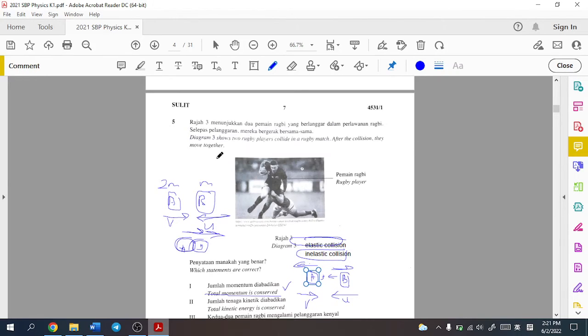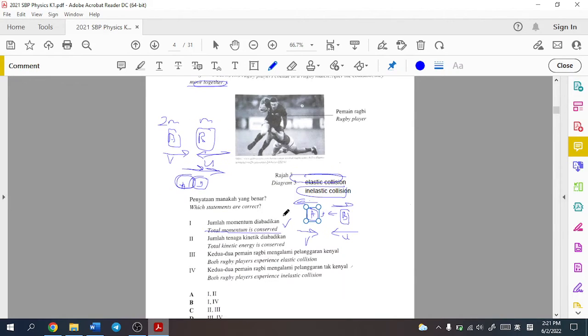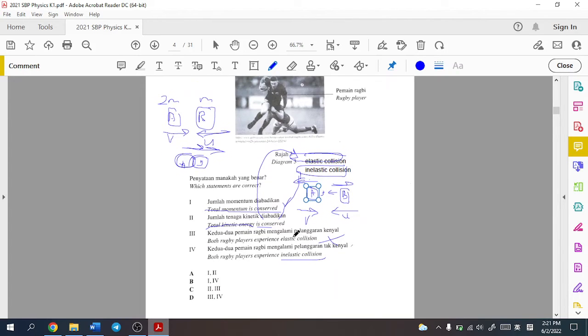So after the collision they move together, and this should be an inelastic collision. So this is wrong and this is correct. In elastic collision, total kinetic energy is conserved, but it is not conserved in inelastic collision. Since this is inelastic, this should be wrong. So the answer should be B, IV should be void.